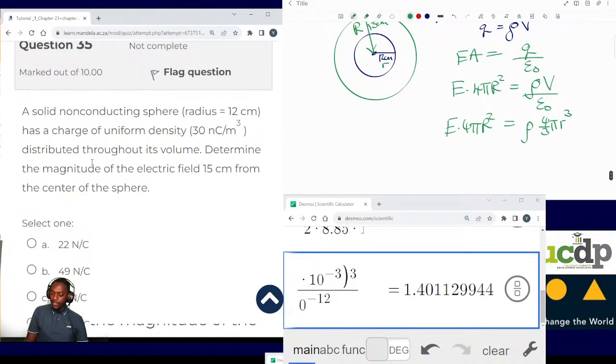which is 12 centimeters. So I think our problem is half solved. Do you realize that our problem is half solved?